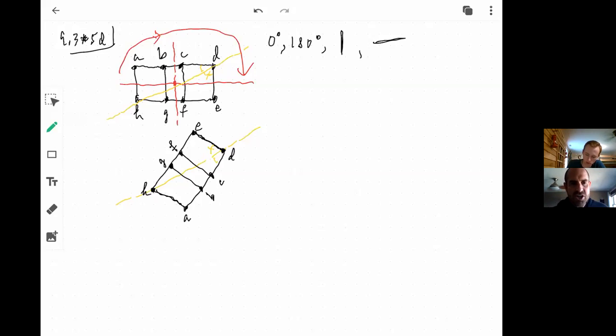We focused on an edge also. But here, if you think about edge AH, there's really only one place where the edge AH could go, or two places. Either it can stay where it is, except maybe just flop the roles of A and H, or it could flip over to DE and flip up or down.